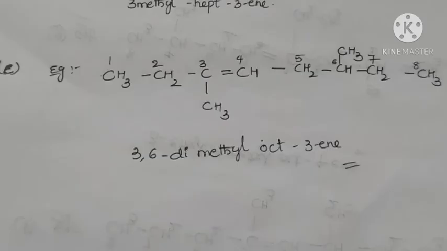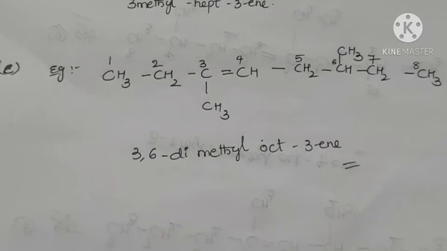The IUPAC name is 3,6-dimethyloctene. The numbering is from the left side, 1, 2, 3, 4, 5, 6. The double bond is between the third carbon and fourth carbon. So the methyl groups and 3-ene.